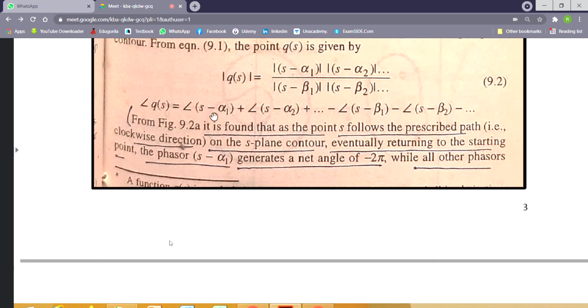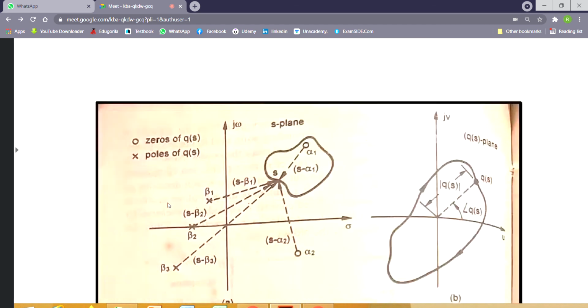The mod of the net changing angle will be 2 pi, right? The angle contribution of zeros is positive, but here we are rotating in the clockwise direction. Hence, the net changing angle will be equal to minus 2 pi.